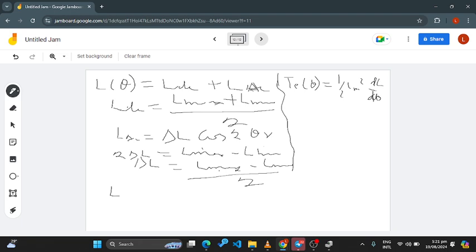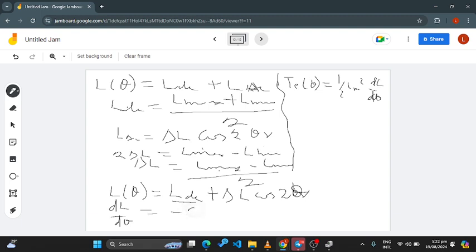Now we can rewrite L of theta as L_DC plus change in L cos 2 theta_r. Let me just make it theta, the rotor angle. Finding dL/d theta, the DC part goes to 0. If I differentiate cos, I get a negative sign, and differentiating the angle gives a 2.